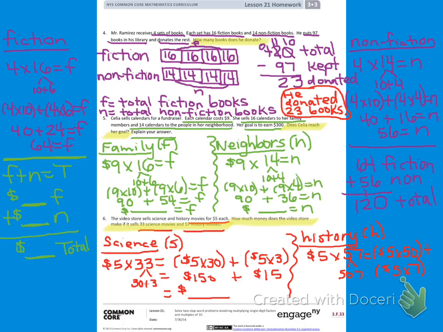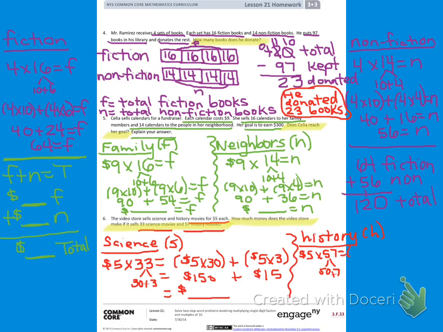I think I'd like it better if I wrote it side by side better. So let me try that again. $5 times 57. That's a 50 and a 7.